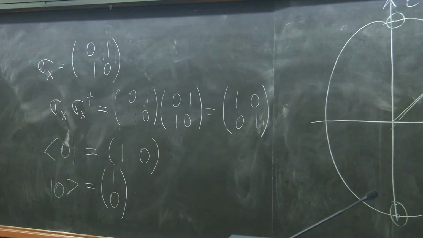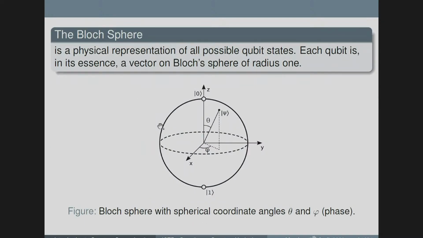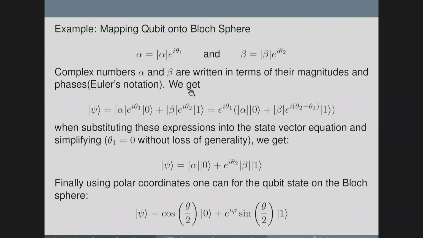You can also now map your qubit onto the Bloch sphere. You can take this equation here and map it onto the Bloch sphere, so onto here. What you do in this case is, you know from the postulates of quantum mechanics that alpha and beta must be complex numbers.